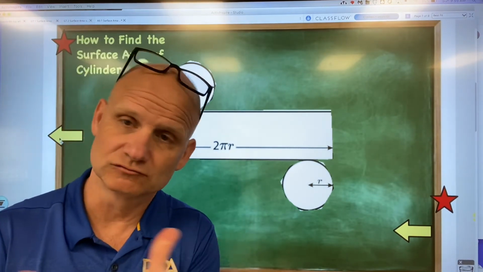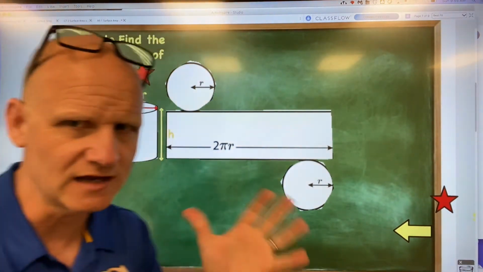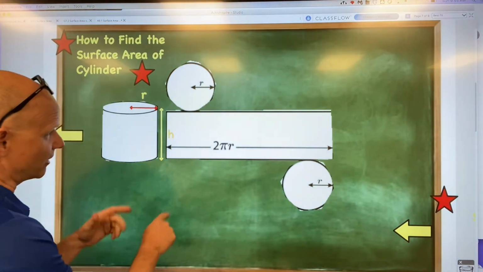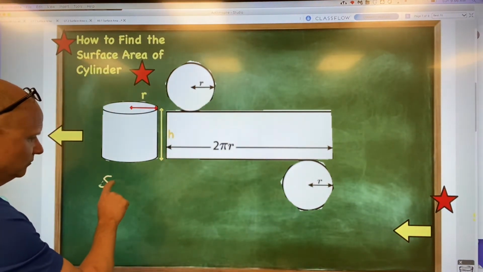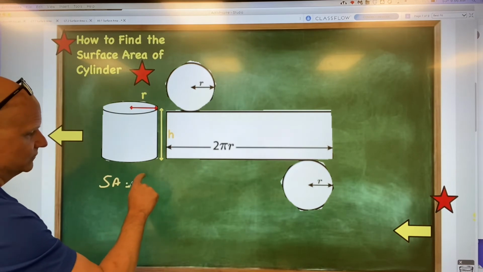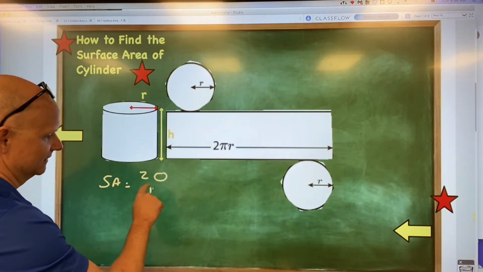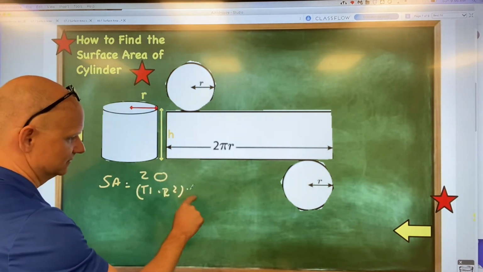Let's go through the math here. Let's go through the formula, how to do this, because this is a little more complicated. So to find the total area of this cylinder, for the 2 circles, you would do pi times radius squared, but then you have to times 2, right?